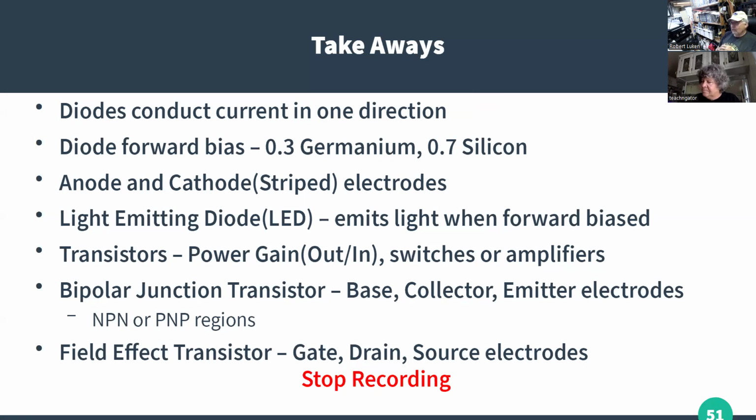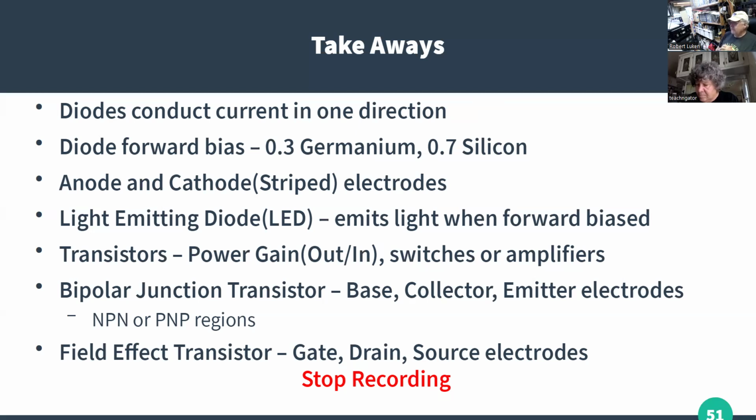Diodes have anodes and cathodes, and we mark the cathode with a stripe, unless it's an LED. And there we have a shorter lead for the cathode and a flat spot. LEDs only emit light when they're forward biased.